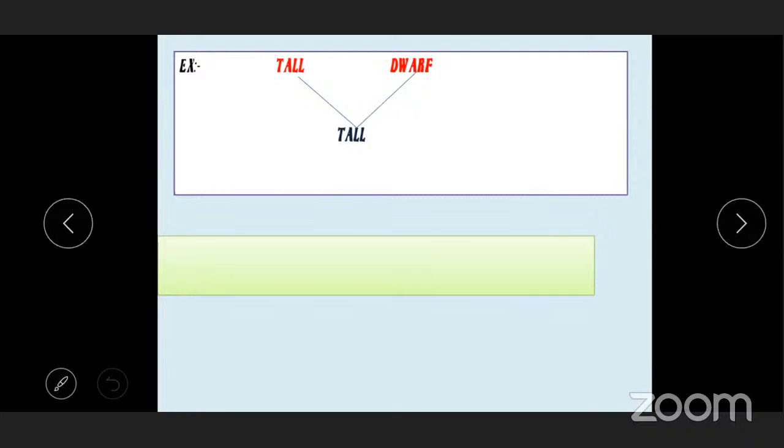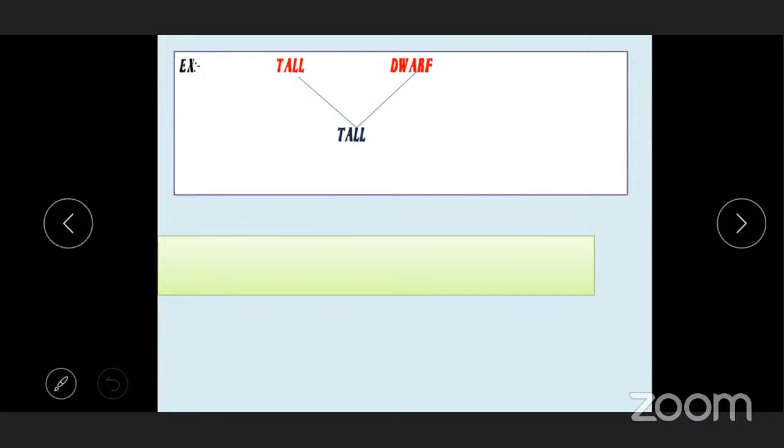The tall character is visible outside, expressing itself. But the dwarf character is also present in this generation; it is just not expressing outside.